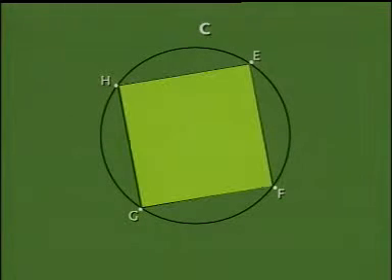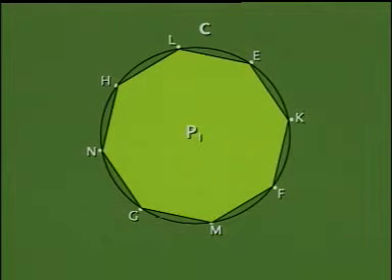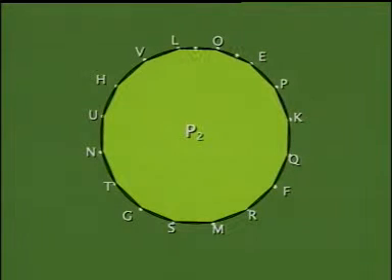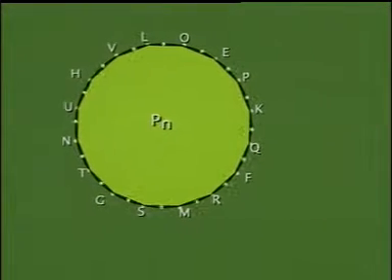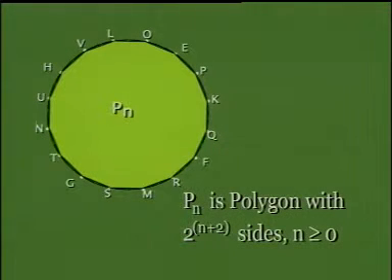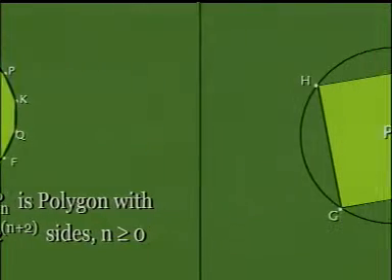So, continuing in this way, we can get a sequence of polygons P0, P1, P2, P3 and so on up to Pn, where Pn has 2^(n+2) sides.